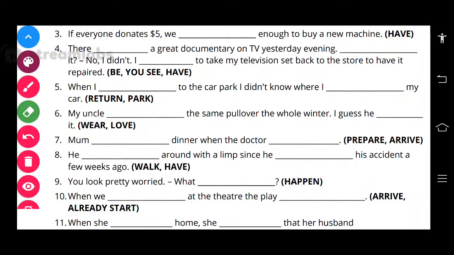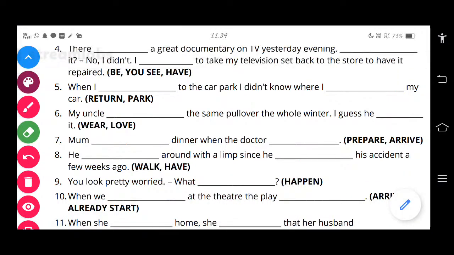Let us see the sixth example. My uncle wore the same pullover the whole winter. I guess he loved it.